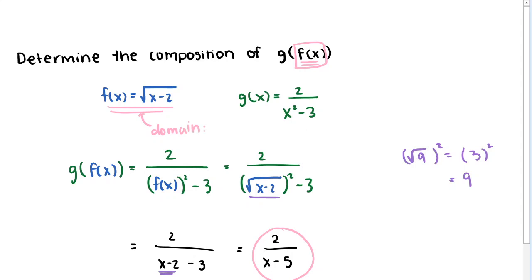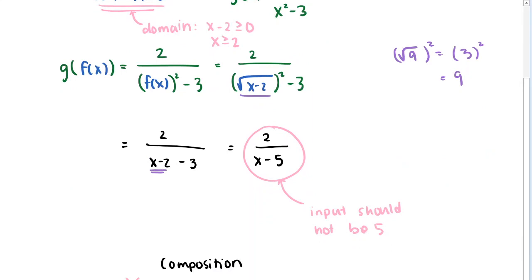Well, it consists of the values such that x minus 2 comes out to be non-negative. Right, the domain of this part of the function is anything that makes the inequality x minus 2 is greater than or equal to 0 true. In other words, x needs to be greater than or equal to 2. So these are the values that are okay to plug into our f function and will come out with a result in our composition, as long as it's not 5 as well. Right, x is not equal to 5 as well.